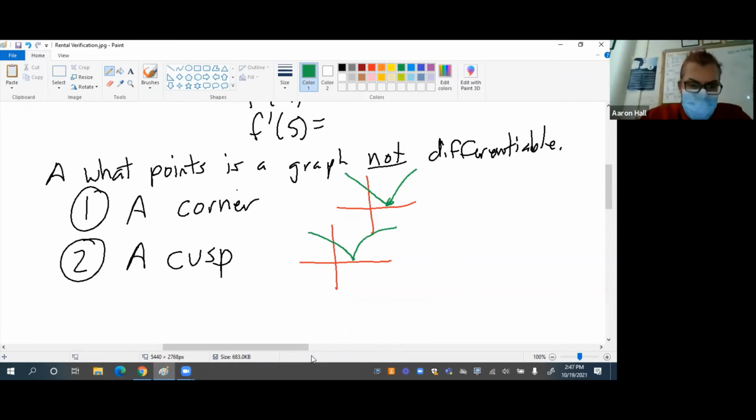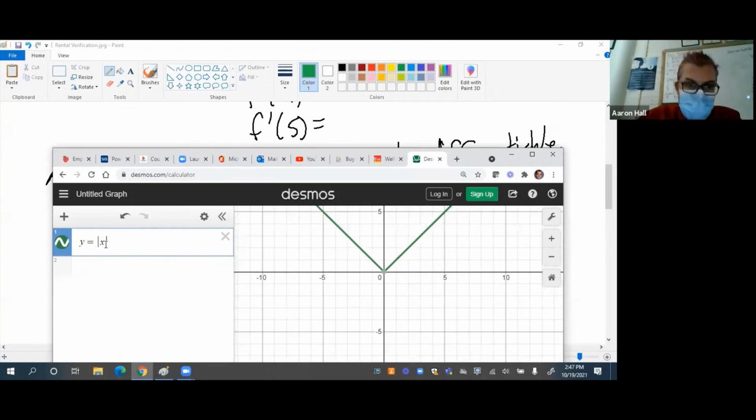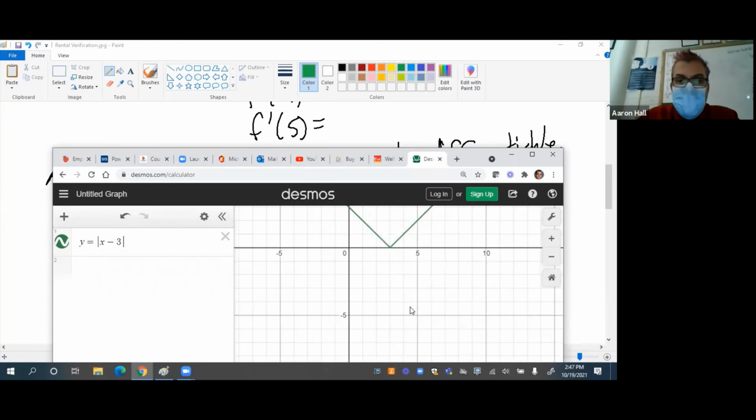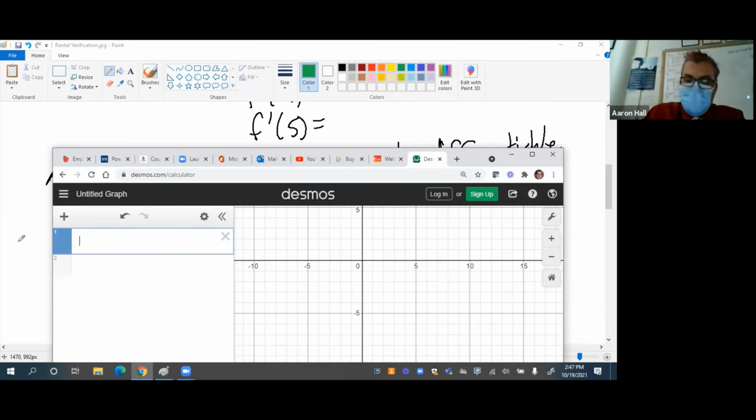If I have y equals the absolute value of x, let's do some type of transformation. Where is this graph not differentiable? Yeah, right here at 3, it's not differentiable because we don't know whether that point has a negative slope or a positive slope.